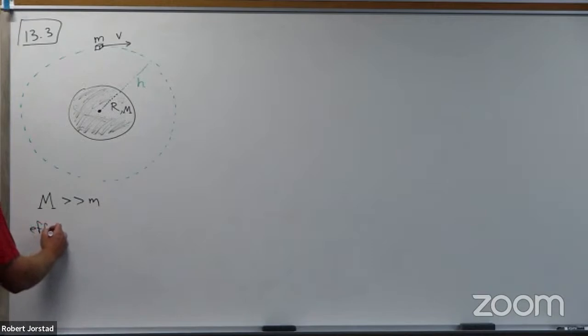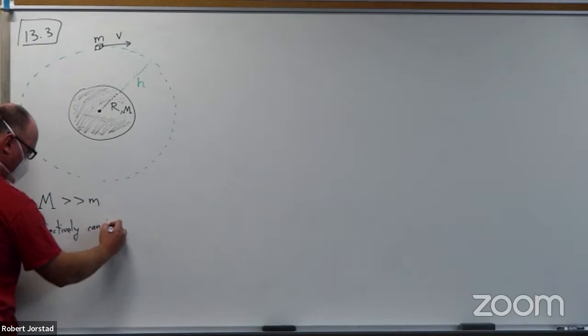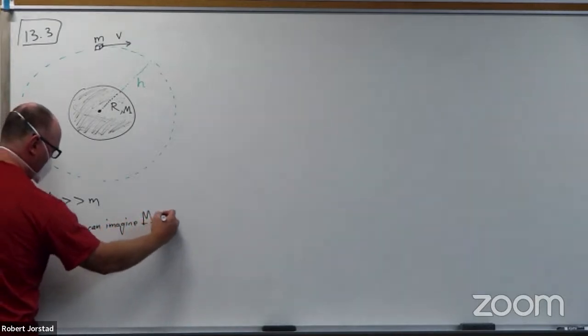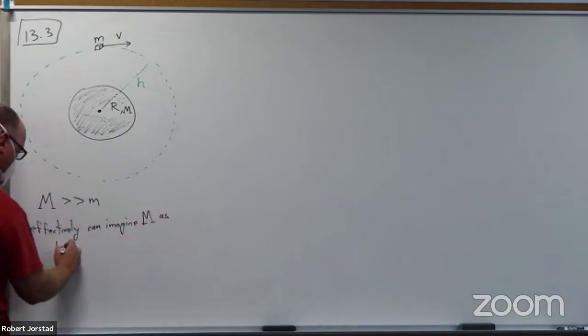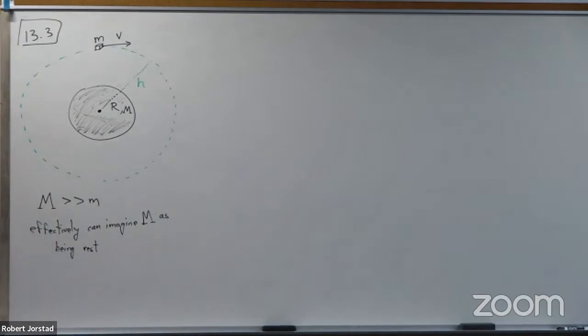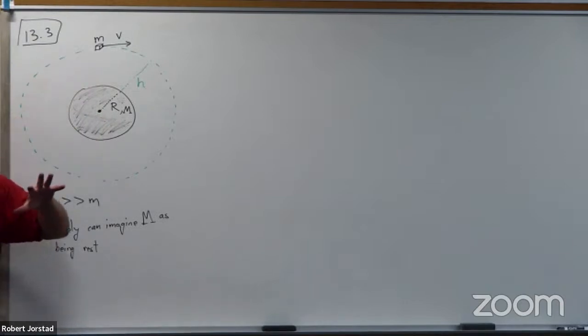Effectively, we can imagine big M as being at rest. Think about this. Why is that okay? By Newton's third law, these are going to exert the same force magnitude. If this mass is huge, it isn't going to move much compared to that one. Got it? Okay.